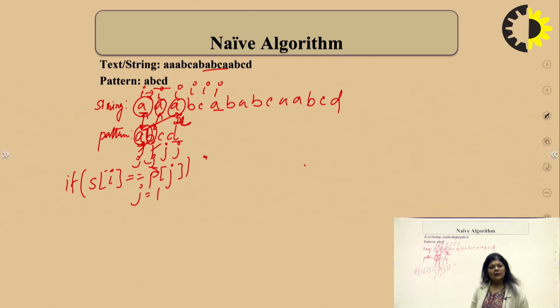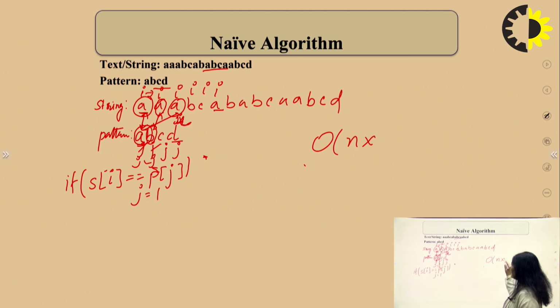So you can see that i is again coming back to the initial indices, and the pattern, pointed to by j, is again repeating back to the initial characters. This way the pattern and the string are being analyzed in multiple passes, or we can say that multiple passes are applied over the string as well as over the pattern. This leads to the complexity of order n by m.